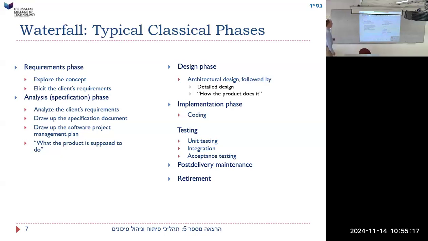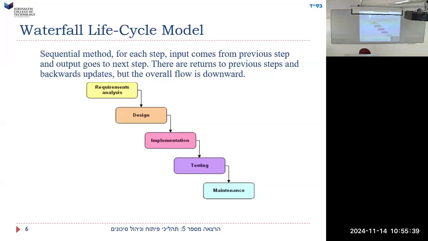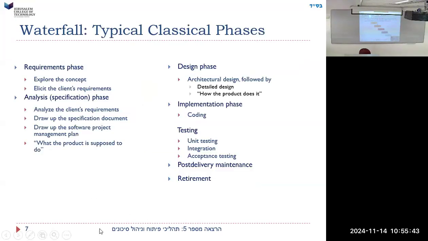So what are these phases? The requirements phase: explore the concept, elicit the client's requirements. I guess brainstorm about what you're going to be doing. What is the program? What does the client want? There's also an analysis stage, which we didn't see in the previous slide. We said requirements analysis, but here we're breaking it up into 2 parts.